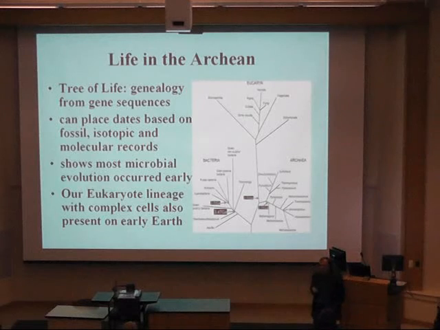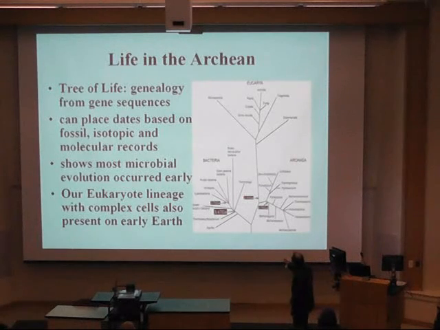And we can start to use these fossils to put some dates on this tree. We can say that from the sulfur isotopes, we're at least there by 2.7 billion years ago. We've got the molecular fossil evidence for cyanobacteria there.